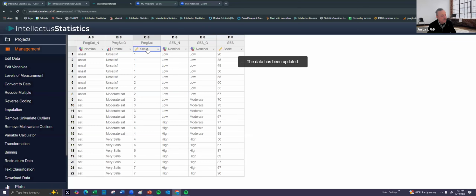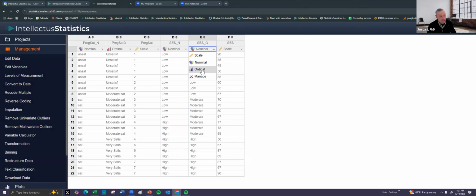All right, program satisfaction. If we just have numbers with equal intervals, what would that be? If you said scale, you'd be correct. And I did a similar thing over here with socioeconomic status: nominal, just naming things high, low.